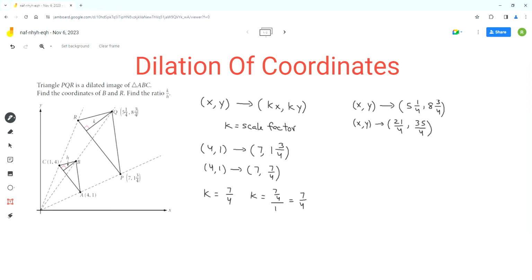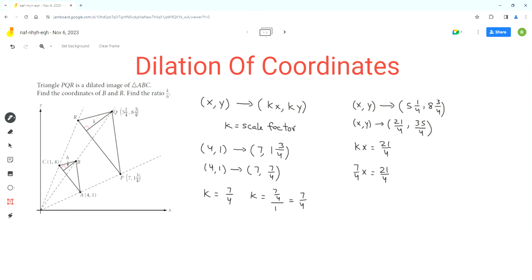Now if we remember from this formula, kx is equal to 21 over 4. This is the first equation we get for the x coordinate. We already know that the scale factor for our problem is 7 over 4. So in the next step we do 7 over 4 times x equals 21 over 4.